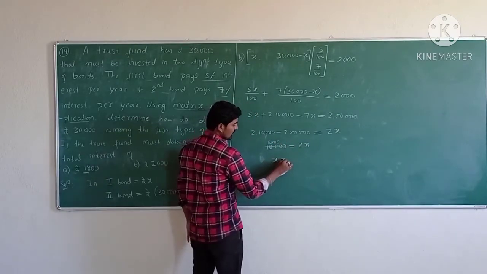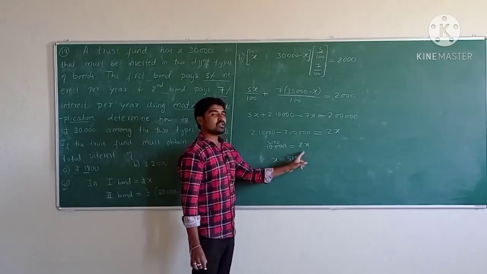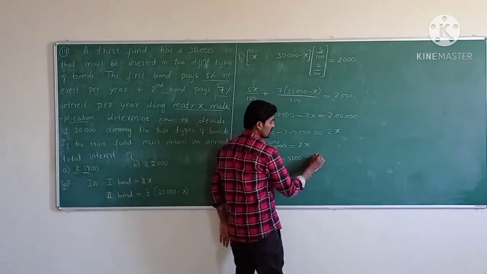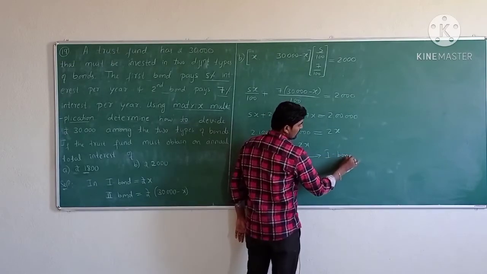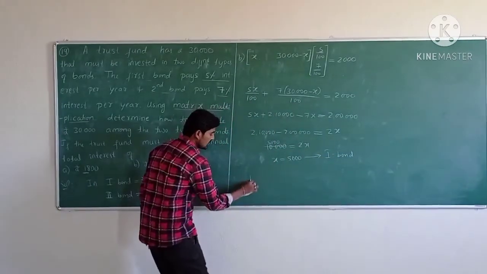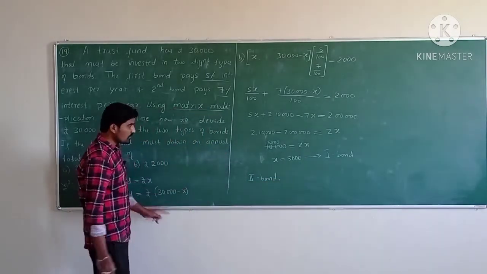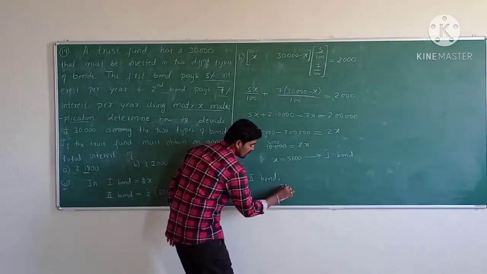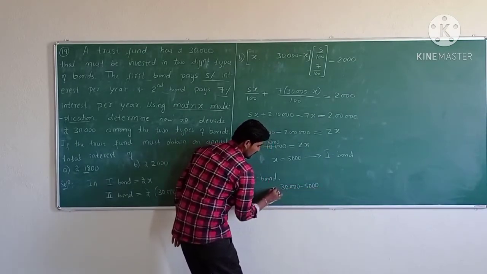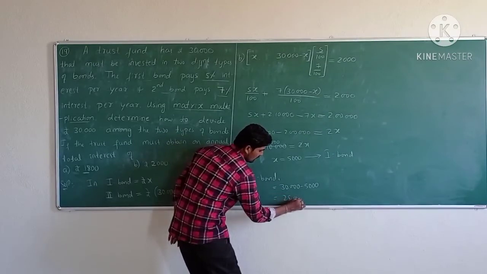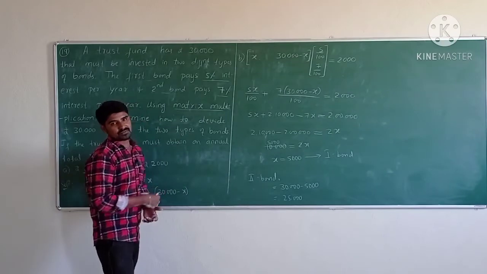Therefore we get the value of x as 5,000 rupees. And this 5,000 rupees is invested in which one? The first one. The first one has x rupees. And the amount invested in the second one is 30,000 minus 5,000, which is equal to 25,000. I hope all of you understood. If possible, take a look.